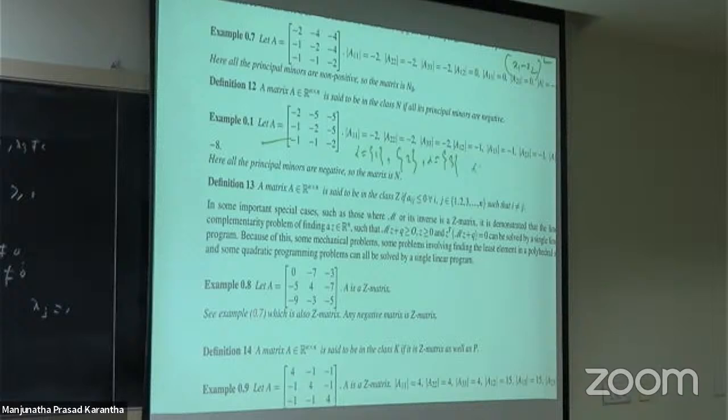Then for alpha 1, 2, the determinant will be minus 1. Similarly, for 1, 3, we will have a negative determinant.